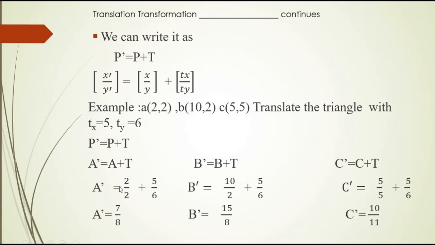A dash is equal to 2 and 2, that is the old x and y coordinate, and we add the translation factor, that is 5 and 6.